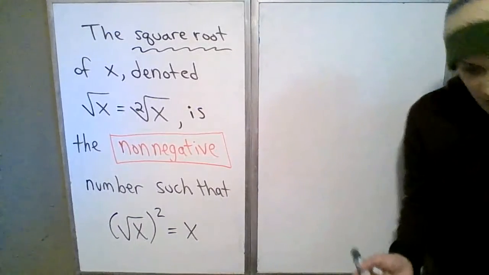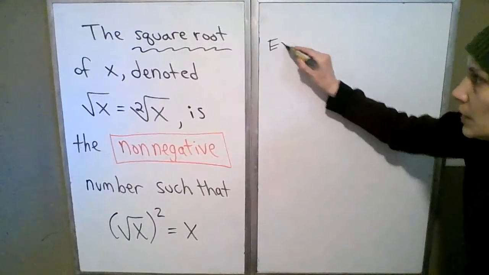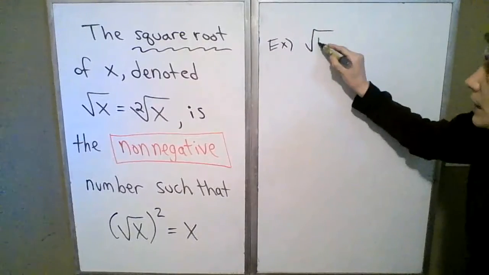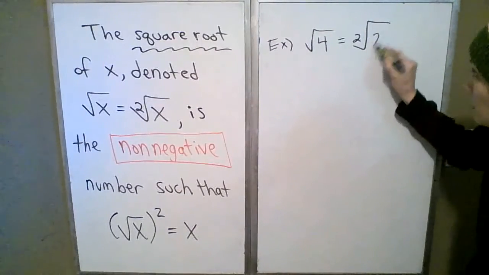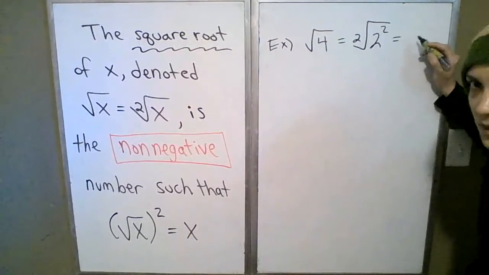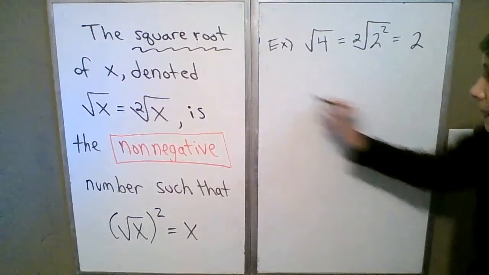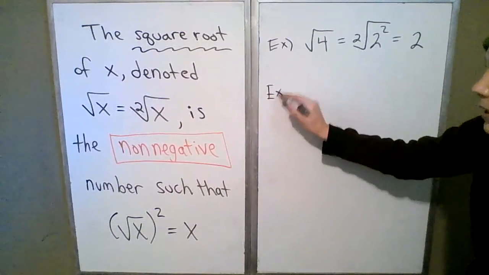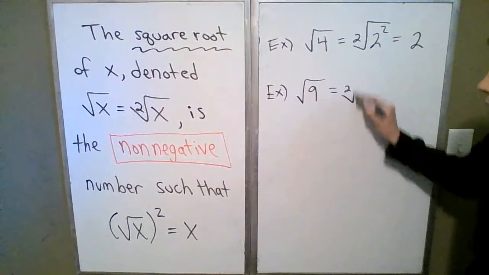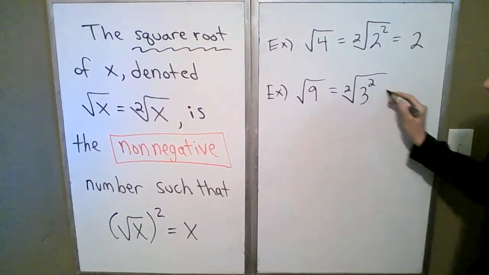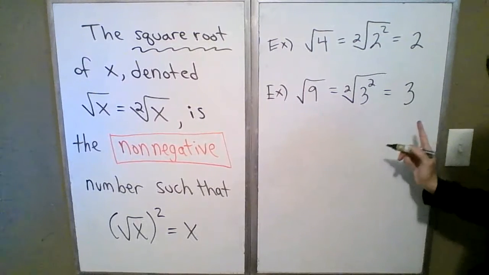So to start to drill this idea in, the square root of 4 would be the square root of 2 squared, and you have positive 2 as your answer. So root 4 is positive 2. Take the root of 9. So you have a square root of 3 squared. Positive 3. Again, root 9 is positive 3.